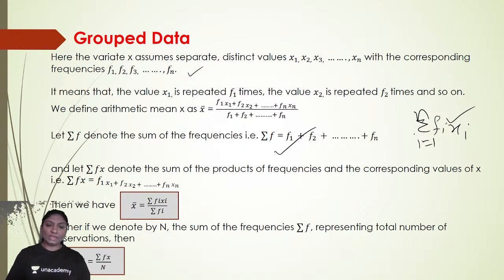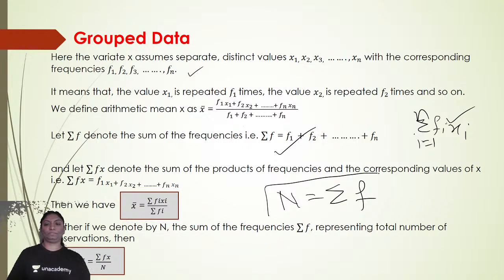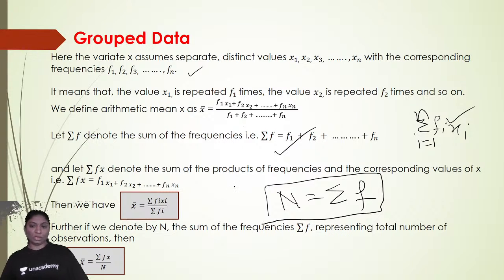Further we denote capital N. Capital N is nothing but the sum of the frequencies, that is N is equal to summation of f, and also N is equal to summation of fi, where i varies from 1 to n. Further, we denote by N the sum of the frequencies, summation f, representing the total number of observations.